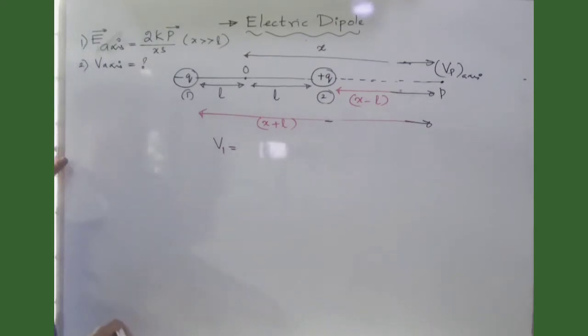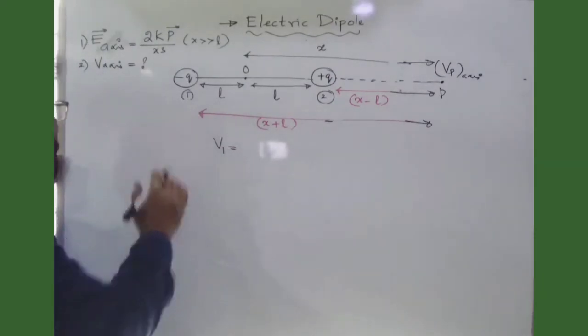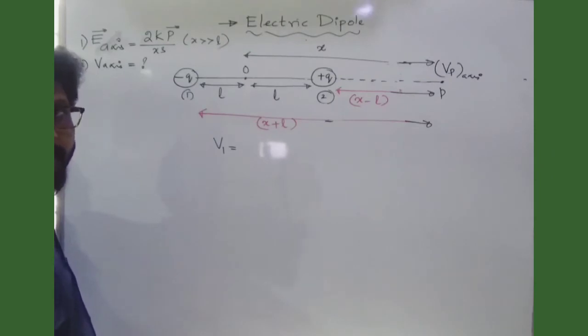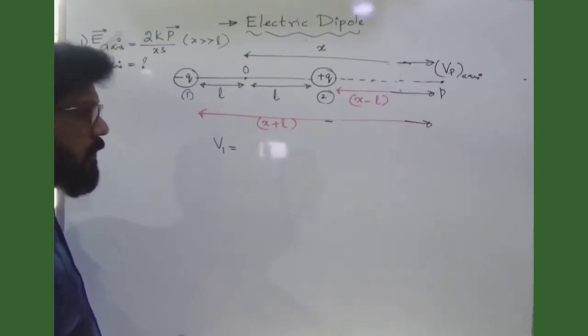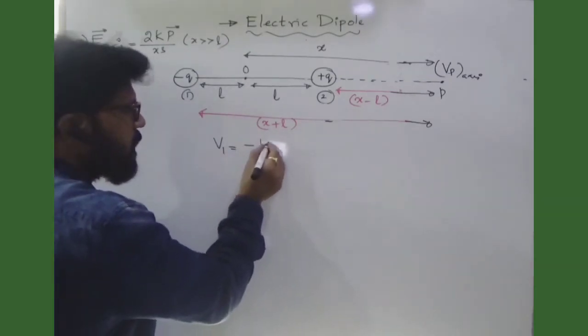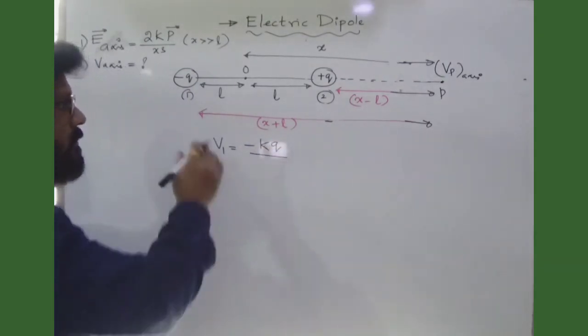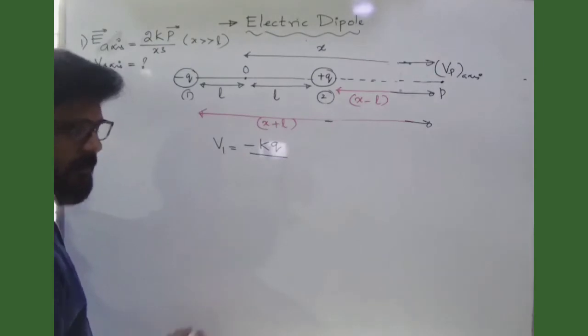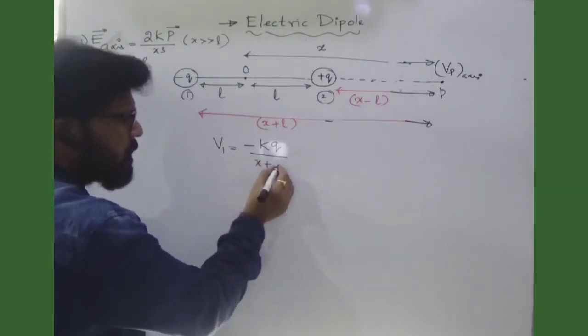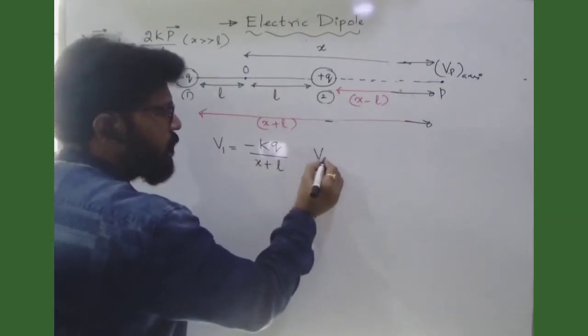Can you tell me the potential due to the first charge? Potential due to a charge is kq by r, here minus kq divided by r. The distance is x plus L. Now V2, what is V2?